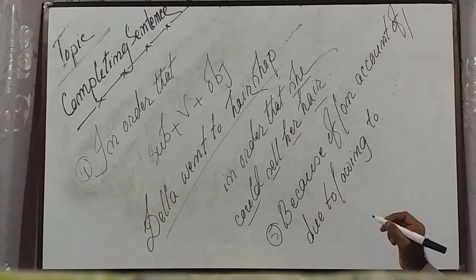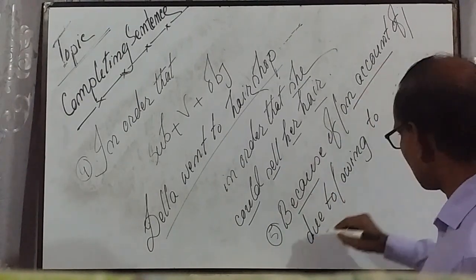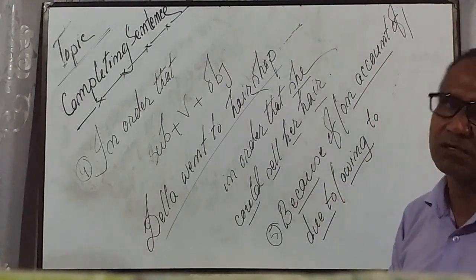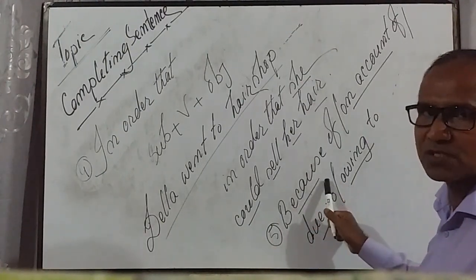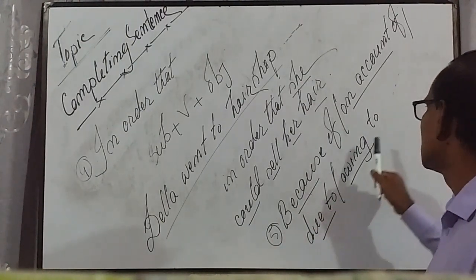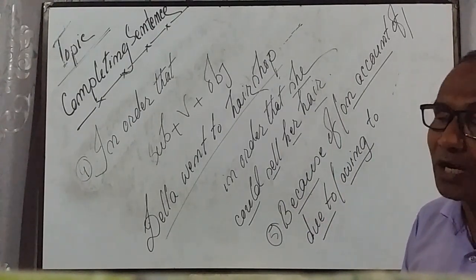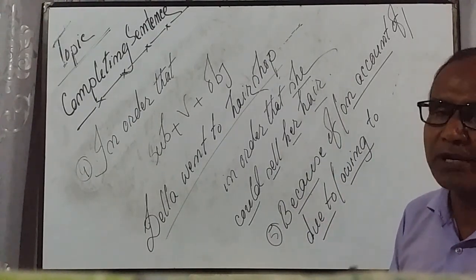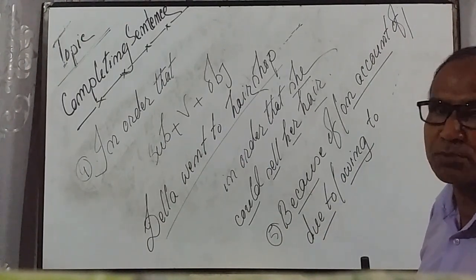Same meaning, different phrases: because of, on account of, due to, owing to. The meaning is all the same. Usually after this kind of phrase you have to put only one noun, but a very, very relevant noun. That's it. That is your job in the question paper.